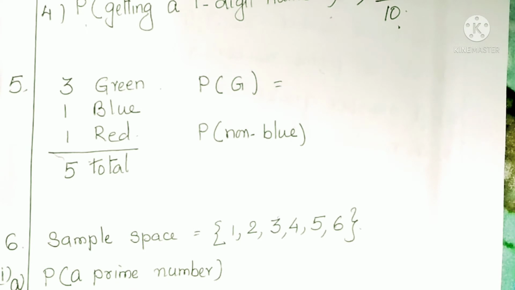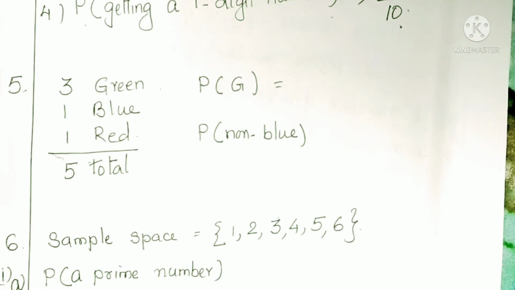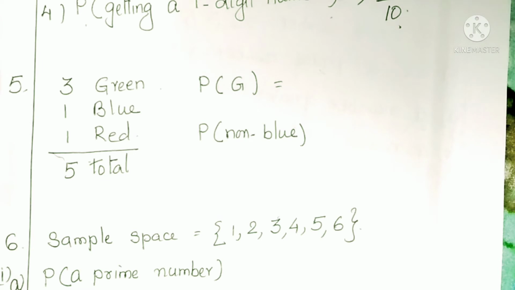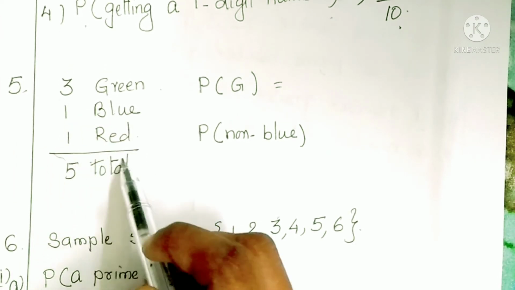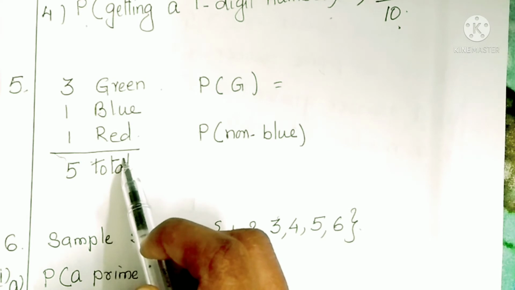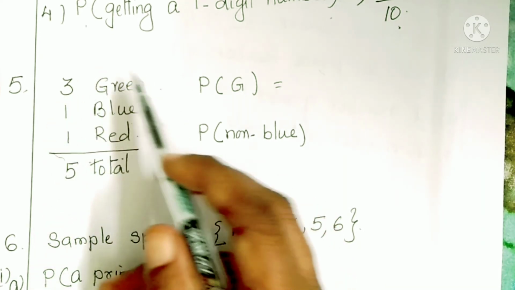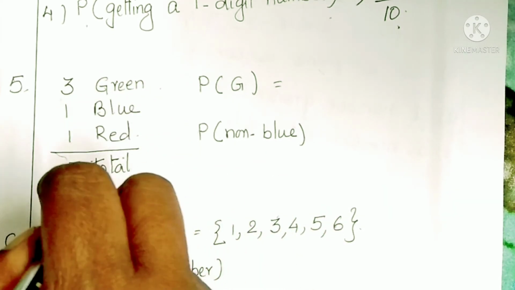Now the next question is, if you have a spinning wheel with 3 green sectors, just now we saw the spinning wheel. In that, if you have 3 green sectors, 1 blue sector and 1 red sector. So in total how many sectors will be there? 5 sectors are there.